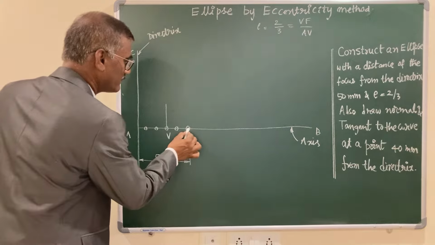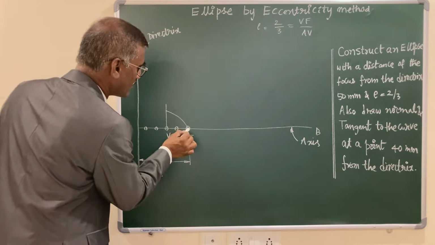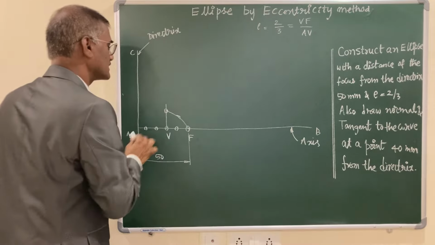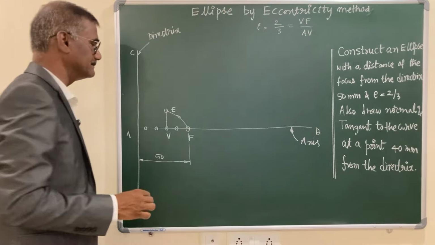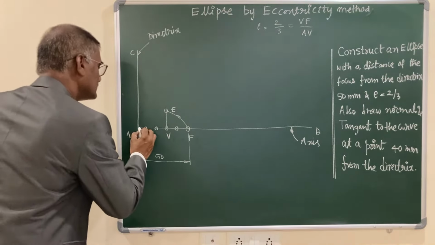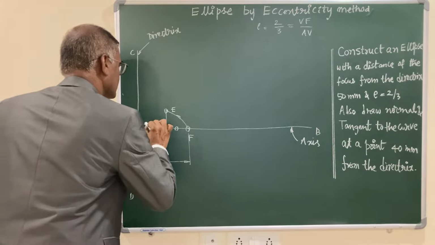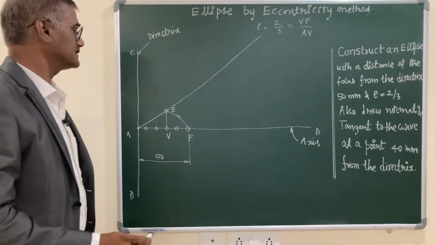With VF as radius using a compass, draw a quarter circular arc and locate the point of intersection with the vertical line. You will call that point E. Join A and E, and extend this line, right? You have extended.